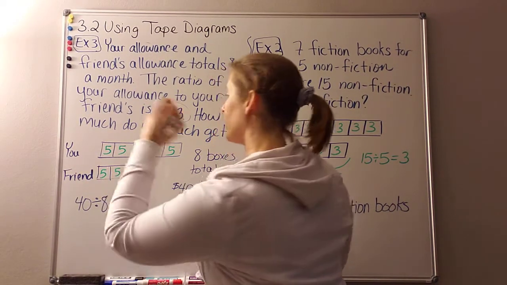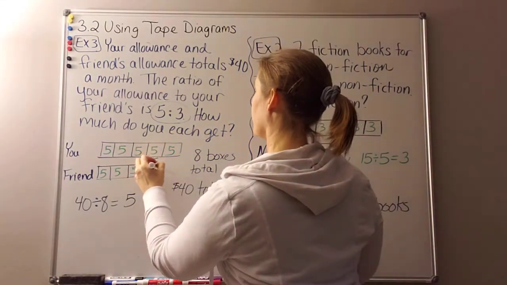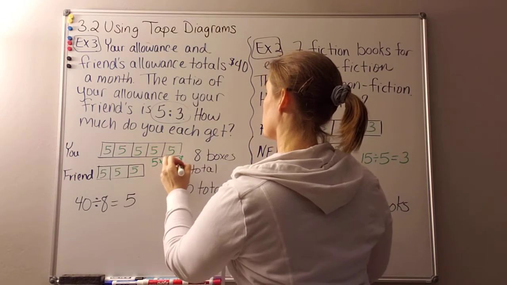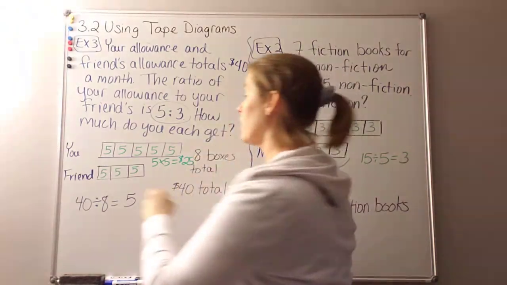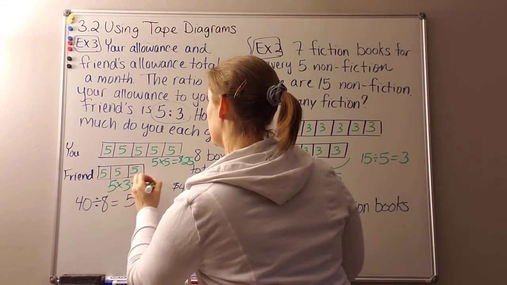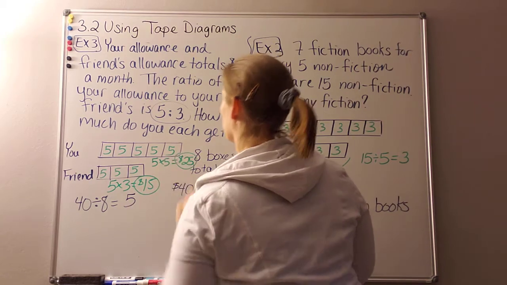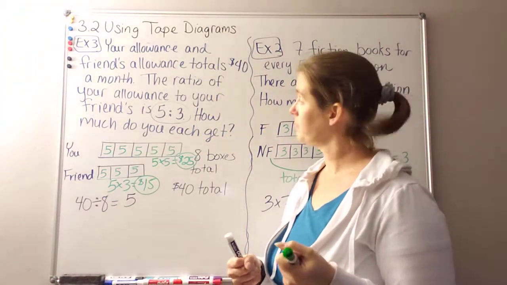So how much money do you make a month in your allowance? 1, 2, 3, 4, 5. 5 times 5 is $25. How much does your friend make? Right, 5 times 3. $15. And that will satisfy our ratio, right?